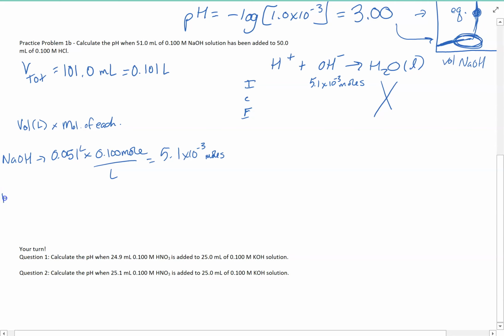And then we're going to do the same thing for the HCl. We're staying with the same amount, same strength. So this should be the exact same number we started with in the previous problem.